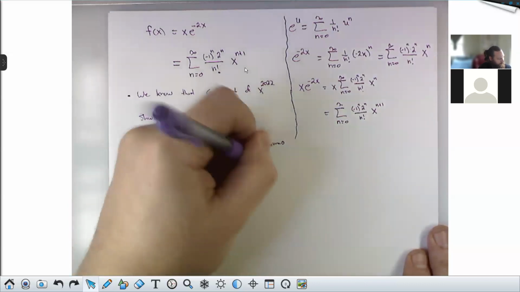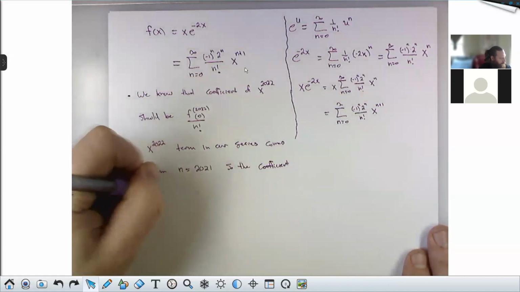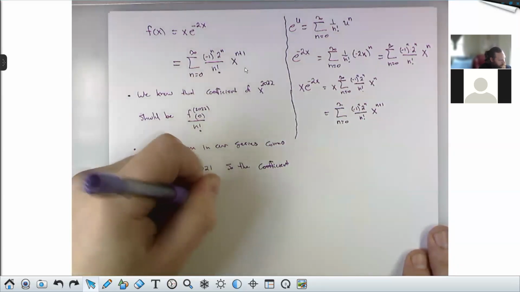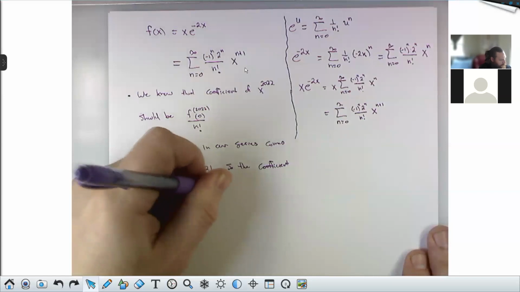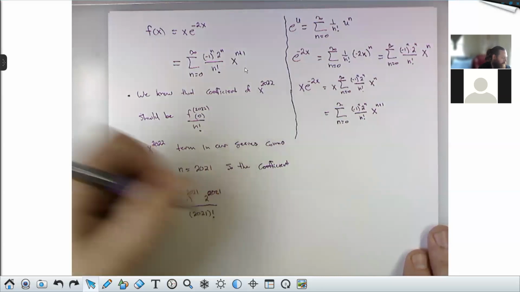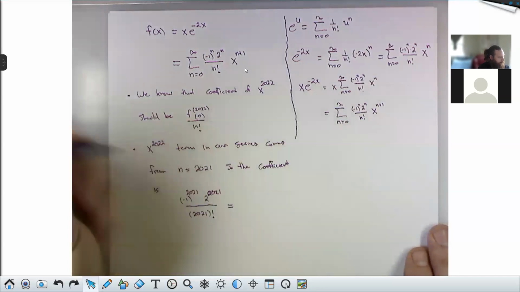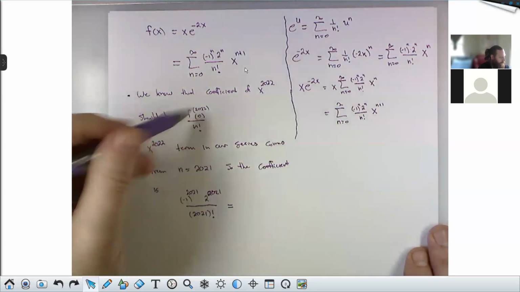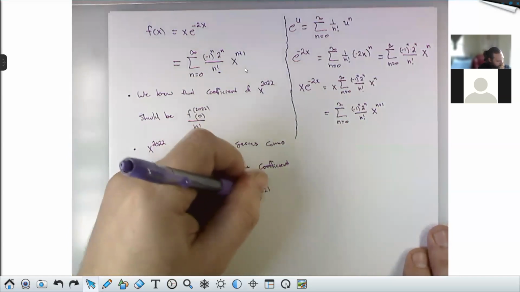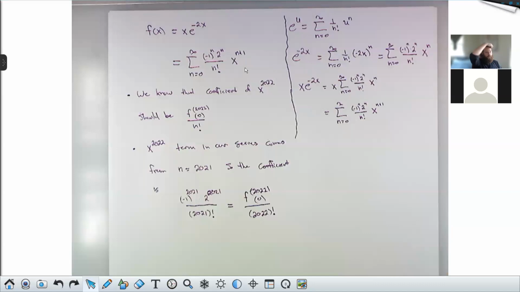So the coefficient is (negative 1) to the 2021 times 2 to the 2021 divided by 2021 factorial. And this should be equal to f^(2022) at 0 divided by 2022 factorial.